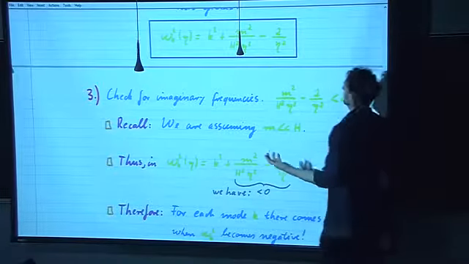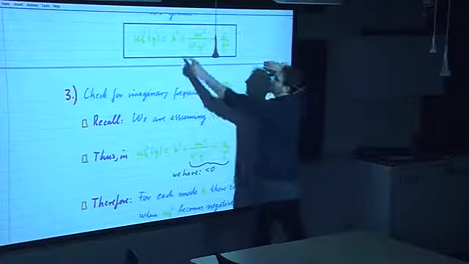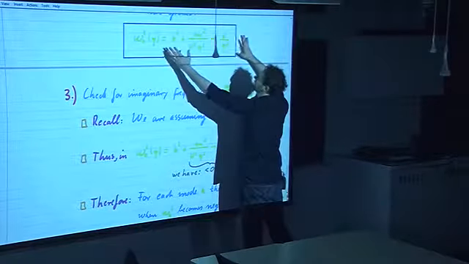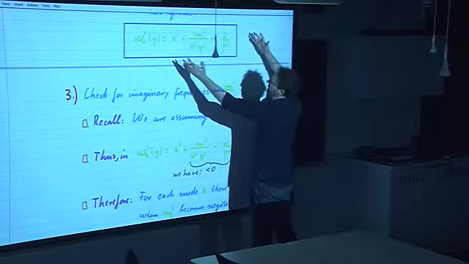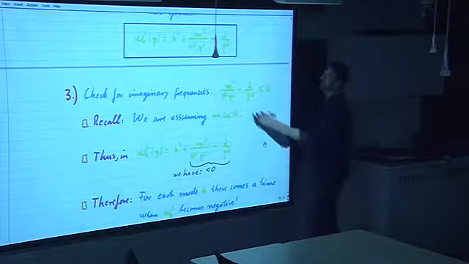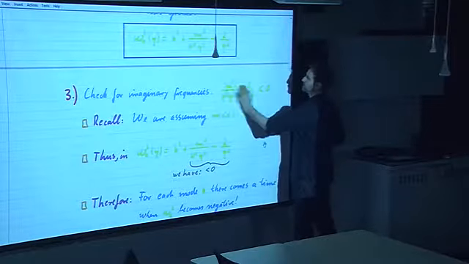I mean, the whole thing has to be negative for this to happen, and k squared is positive anyway. So the whole thing we need to be negative. In particular, this must be negative. But what does that mean? What does it mean that this minus that is negative? Well, it means that this has to be smaller than that.